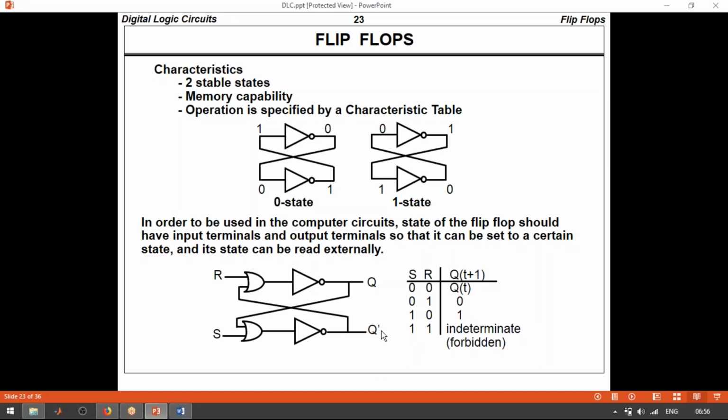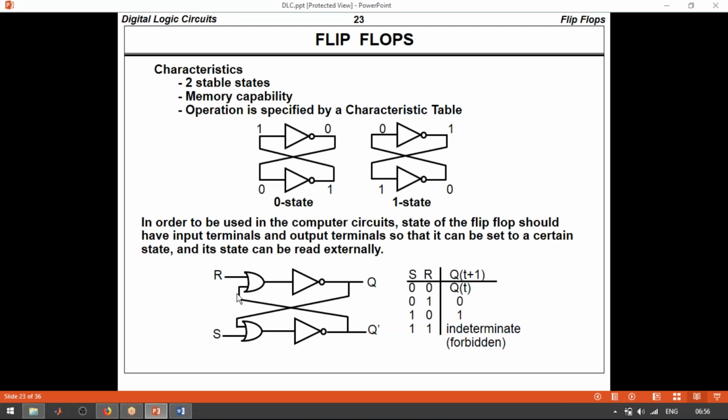So what output will come here? If the output here is 0, then automatically the input here will be 1, and the other is 0. So 1 plus 0 equals 1, and the complement is 0. Initially we considered 1 here and the output is 0.